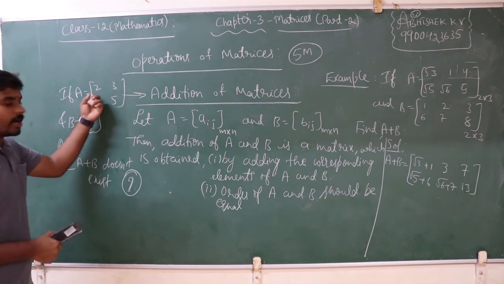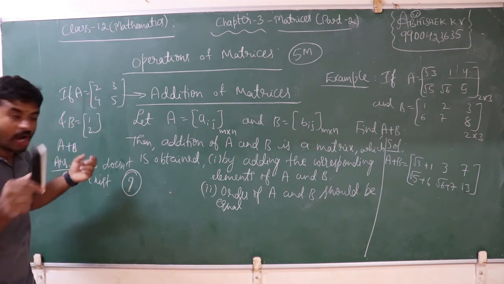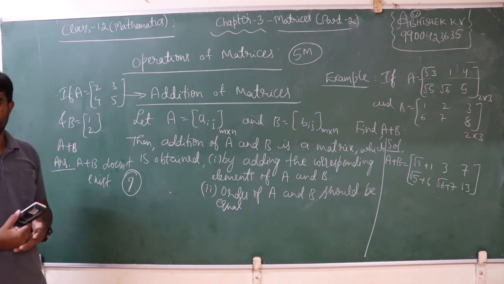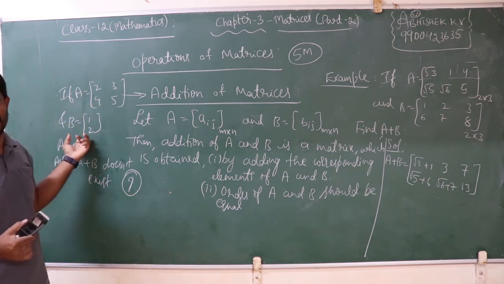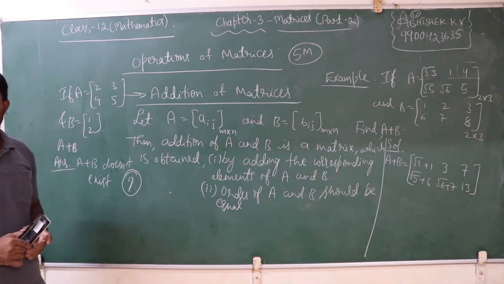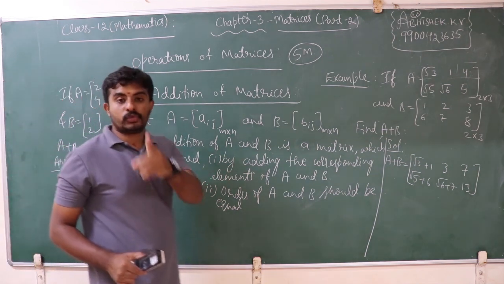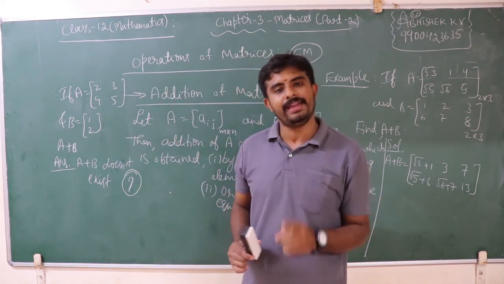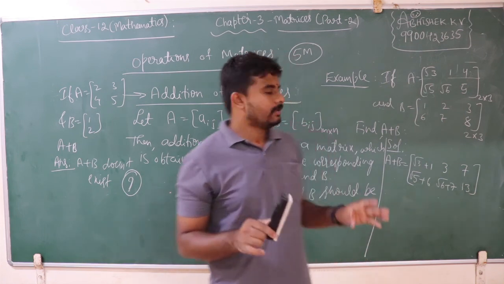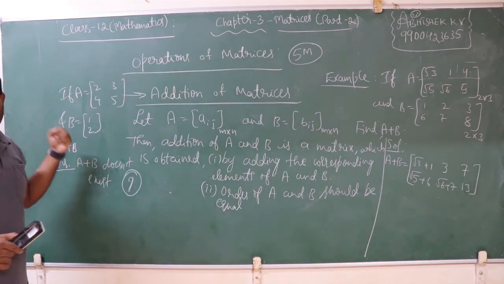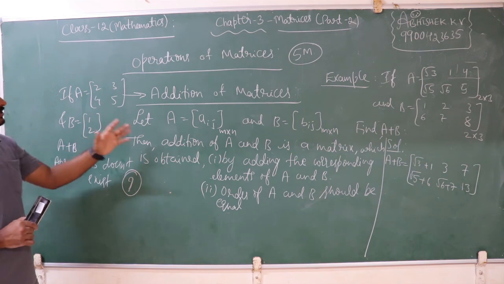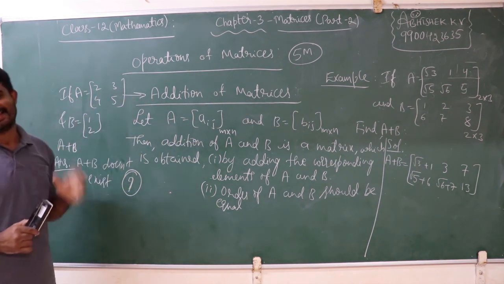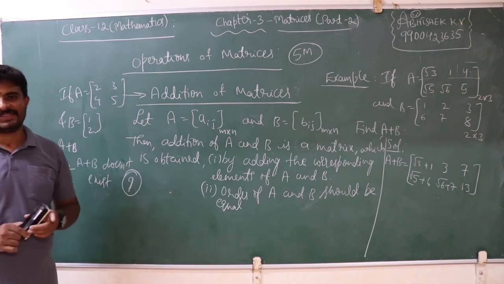Because the order of matrix A is not equal to the order of matrix B. Therefore, A plus B does not exist. That is, the sum of these two matrices does not exist, because the sum of two matrices is obtained only when the order of those two matrices is the same. Otherwise, we can't do the addition of two matrices. So this is about the necessary condition, and these are the two examples for addition of matrices.